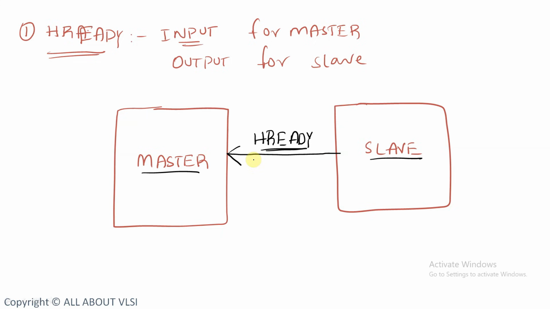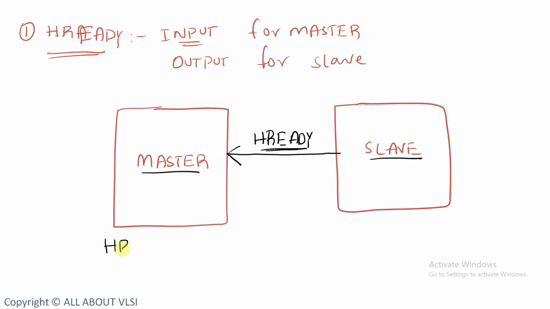This HREADY signal is also going to play a very important role, which we are going to learn in our further sessions in the burst transfers and the single transfers. HREADY is used a lot, so this is very important.